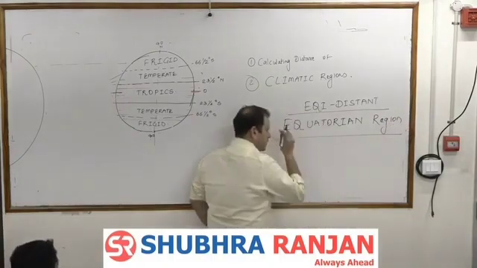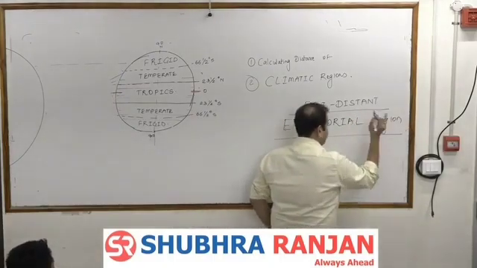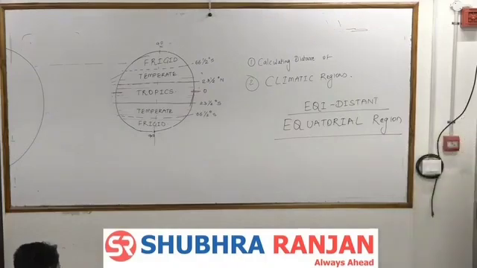Equator and equatorial region is different. Equatorial region is 10 degree north to 10 degree south.